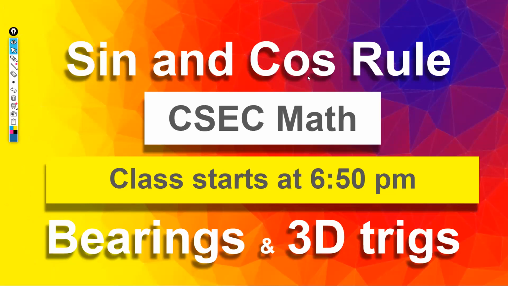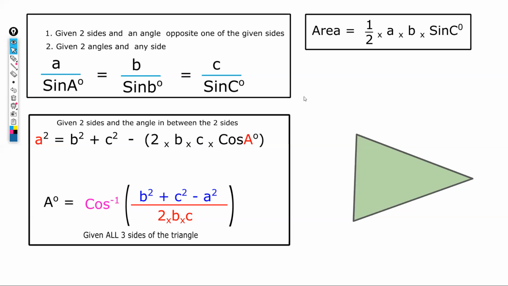We'll do a brief review on the sine and cosine rule before we jump into the questions. All right, so by now, everyone will have these rules in their books. You mainly reserve these rules for non-right angle triangles, like scalene triangles, isosceles triangles. You can even use it on equilateral triangles.